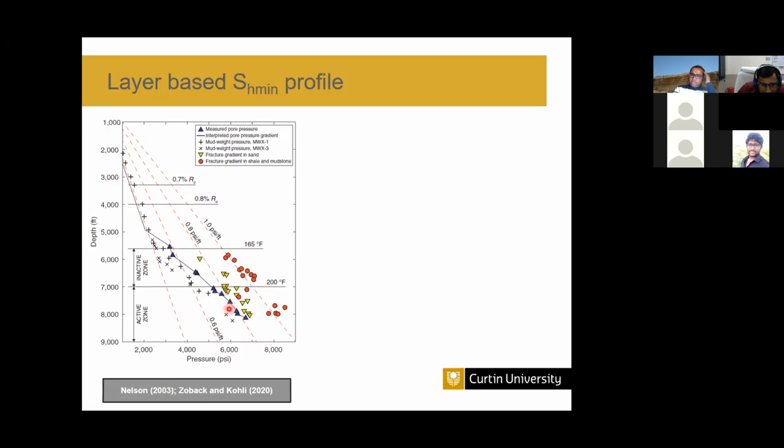One of the areas, you can see the yellow triangle showing the sand interval, and the red is the shale or mudstone interval, with least principal stress directly measured. The pore pressure is shown here with the blue triangle. In the sand interval, as pore pressure increases, we expect the least principal stress to increase.